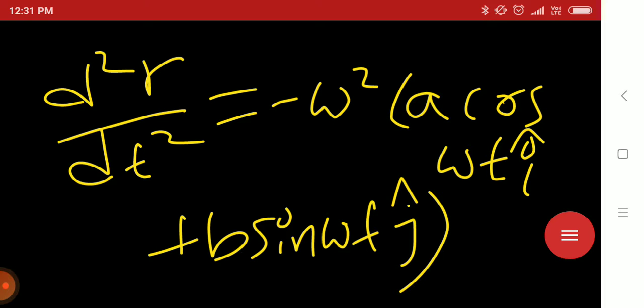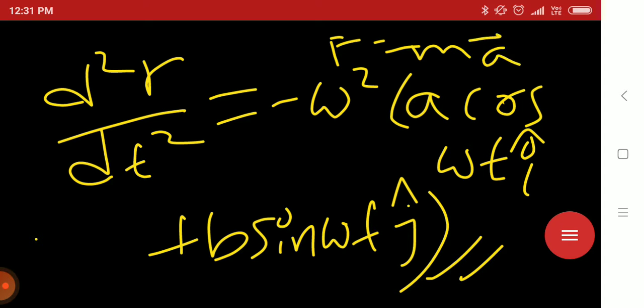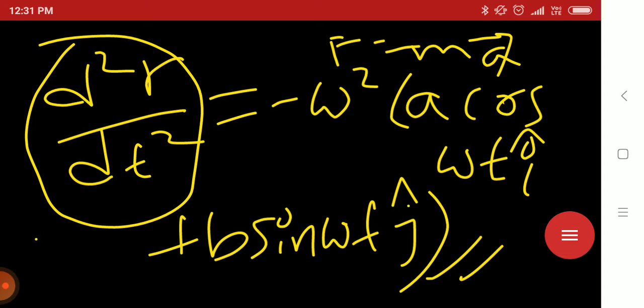So what have I done till this point? There is a curve r equals a cos omega t i cap plus b sin omega t j cap, and I have to find the force and its nature. For force, F equals m into a, and a equals d2r by dt square, the double derivative of the position.